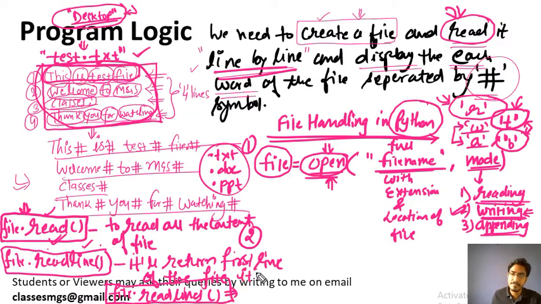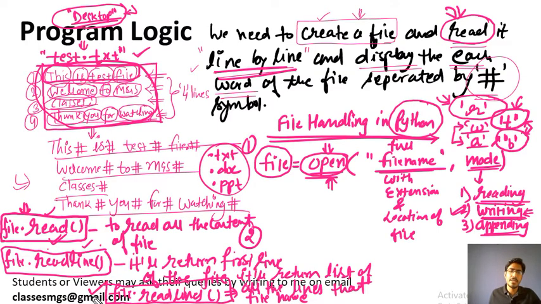It returns a list object of all the lines that the file has. So it will return all the lines as a list.